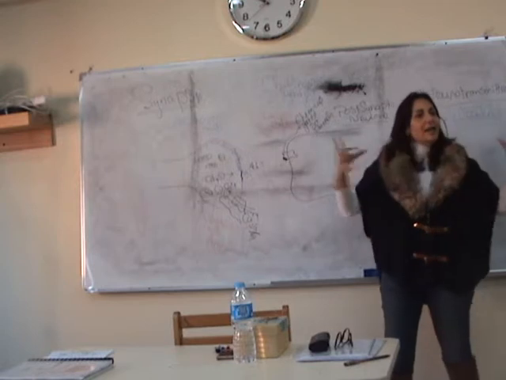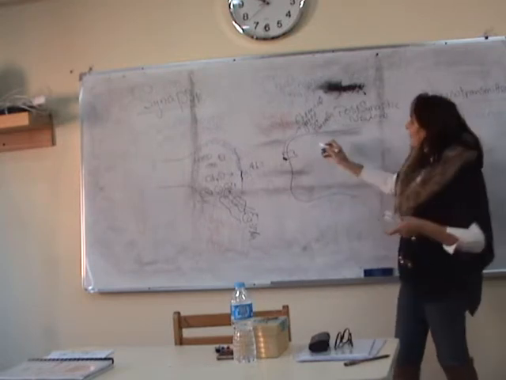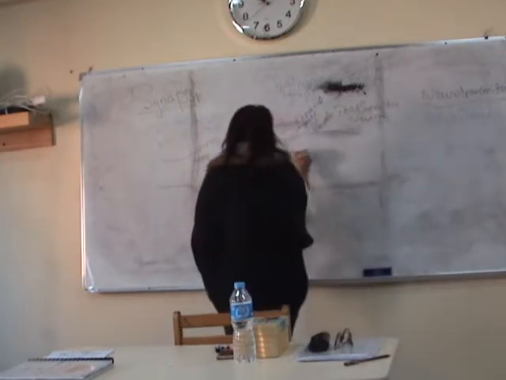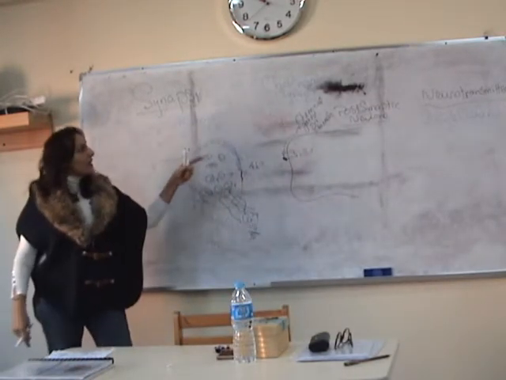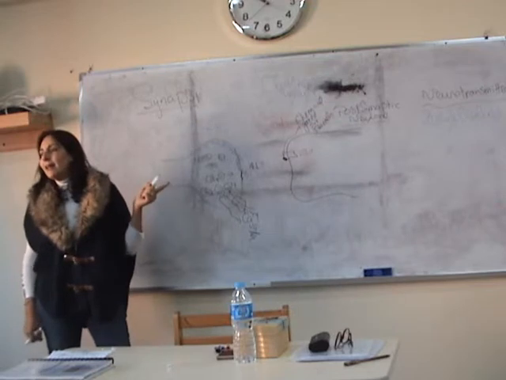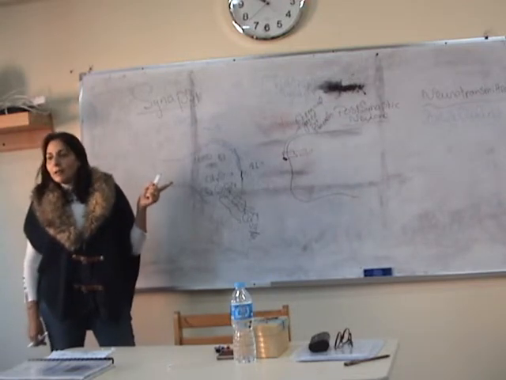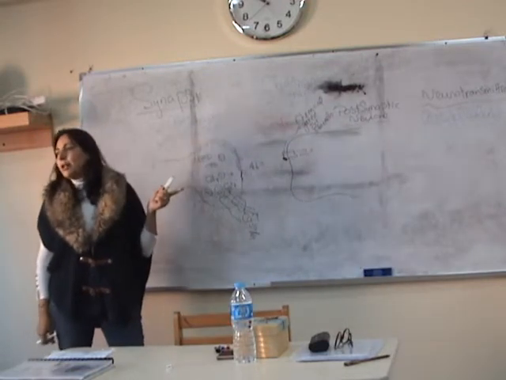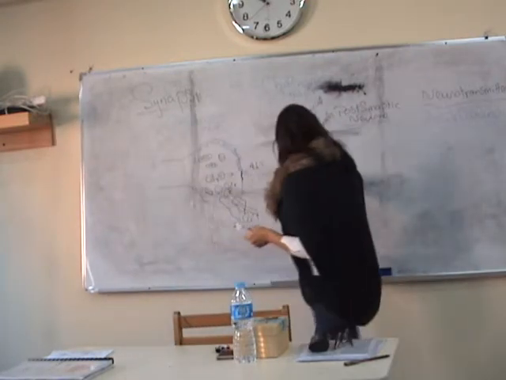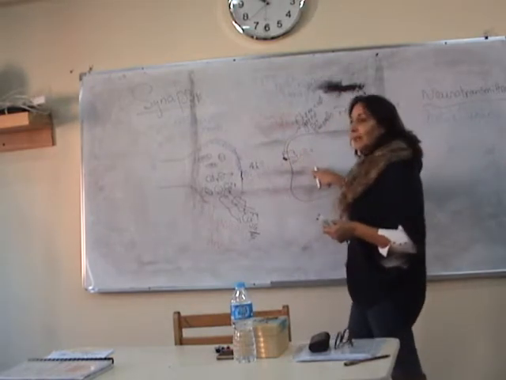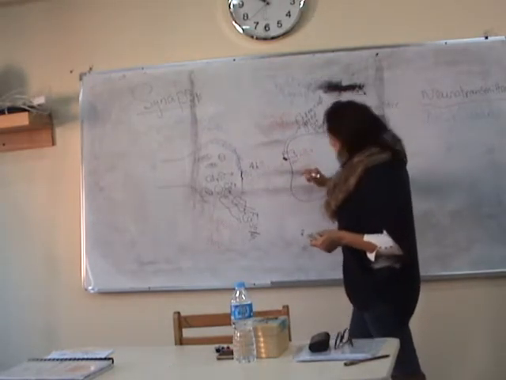This causes the channel to open. And these channels are specific for sodium ions. So these chemical gated protein channels are sodium ion protein channels. So when they open, sodium ions will start to diffuse into the postsynaptic neuron.